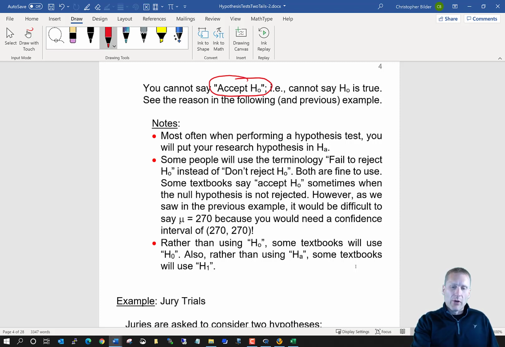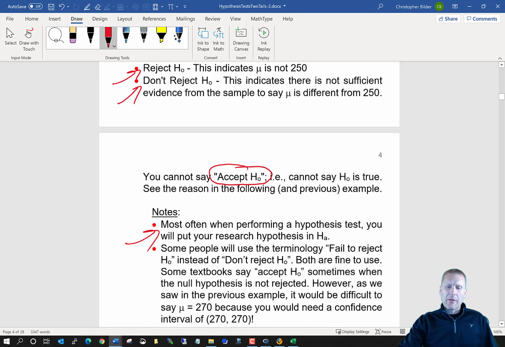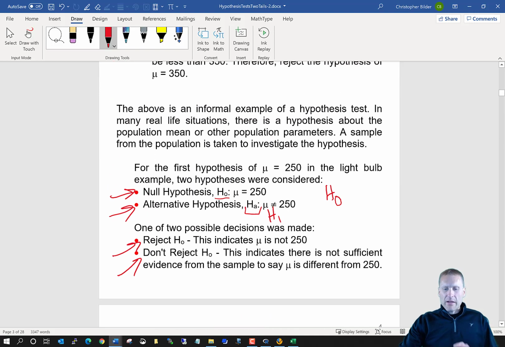Now, some notes. Most often when performing hypothesis tests, you will always put your research hypothesis in HA. And let's think about why. Notice that I was able to show through a confidence interval that mu is not equal to 250, or whatever our hypothesized value was for a particular example here. I was actually able to show that indeed there was evidence that HA is true for my sample.